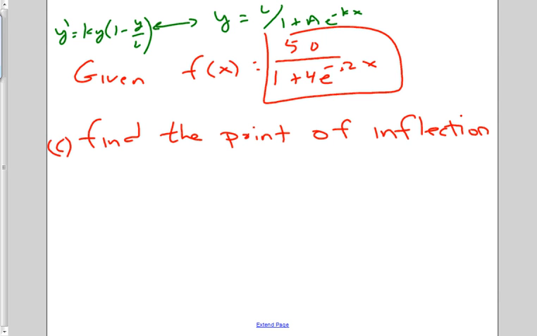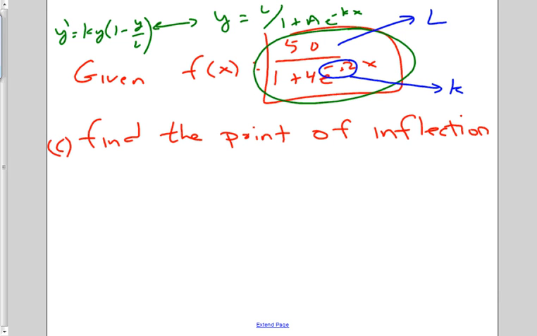So here's our logistic model, and we know that this is L and that this is K. Therefore we know that our first derivative is negative 0.2 y times 1 minus y over L, where L is 50.